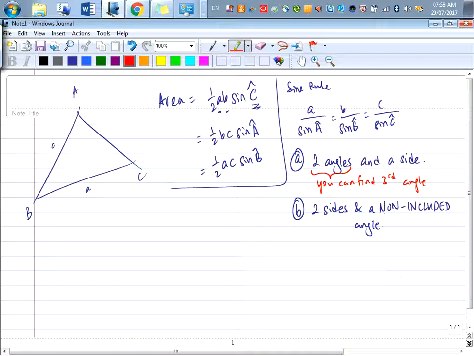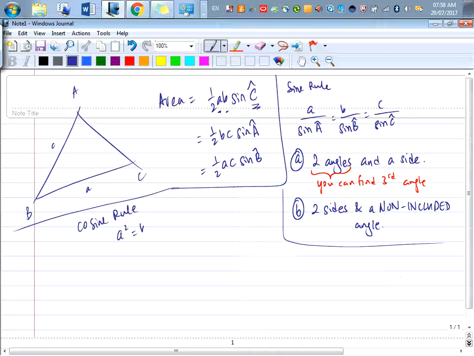Okay, moving on to our cosine rule. Again, we have our formula: a squared equals b squared plus c squared minus 2bc cosine A. Then we said that this a over here and this A over here, they are opposites. So be familiar with the format of your cosine rule.